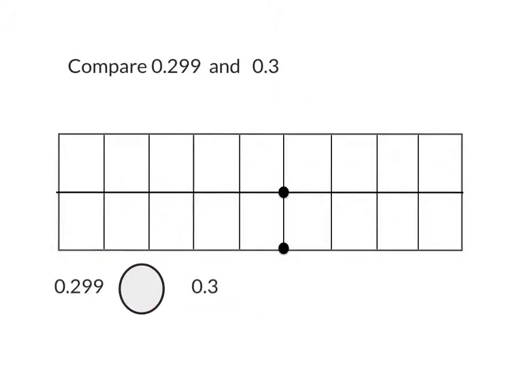Now we'll go ahead and take a look at comparing numbers with decimals. So here we are comparing 299 thousandths and 3/10ths. Again, we can begin by putting 299 thousandths in our place value chart and putting 3/10ths in the place value chart as well.